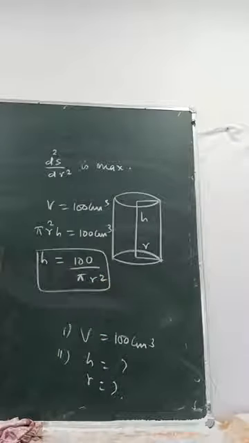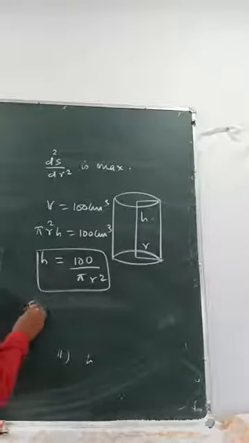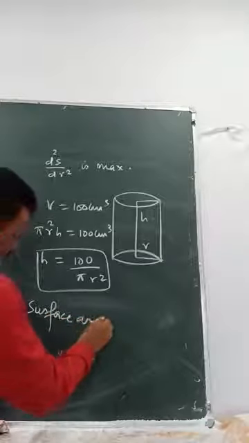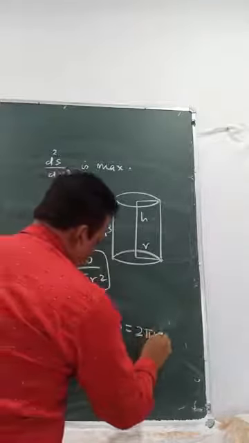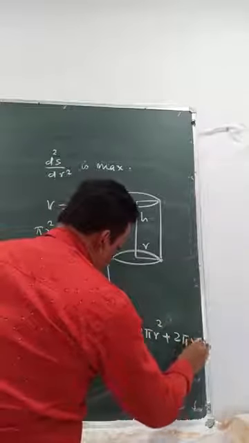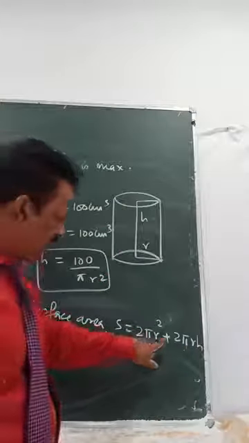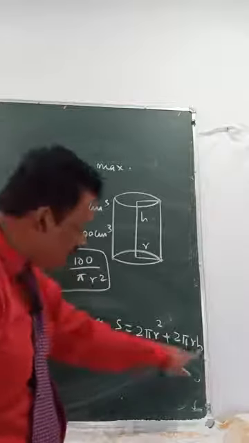Okay. Then surface area formula. Surface area S equals to curved surface area plus base and top, 2 pi r square plus 2 pi r h. Two variables you are getting, r and h. This h value you have to put here.